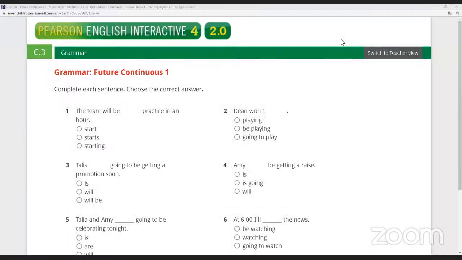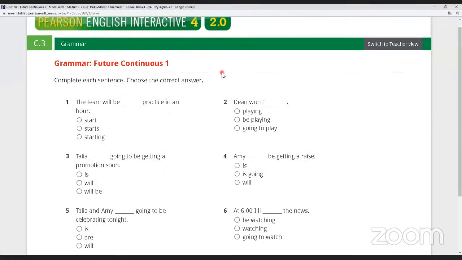Okay, great. That's cool. Now, I'm going to share my screen with you. We're going to practice a little bit. Once you can see it, please let me know. Okay, can you see it? Yes, Miss.